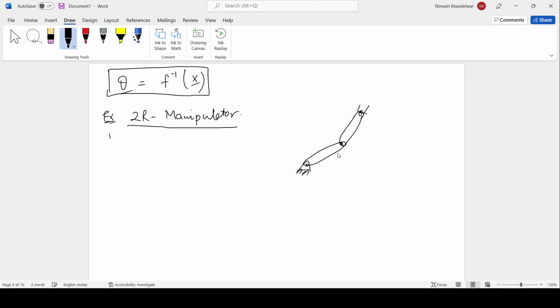So what we have is a relation between theta 1, theta 2, x and y, right? And again, these are connected by L1 and L2. They are the lengths of these links. Let us write this in complete form.